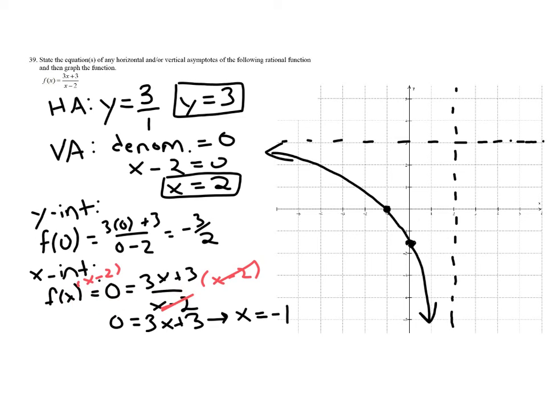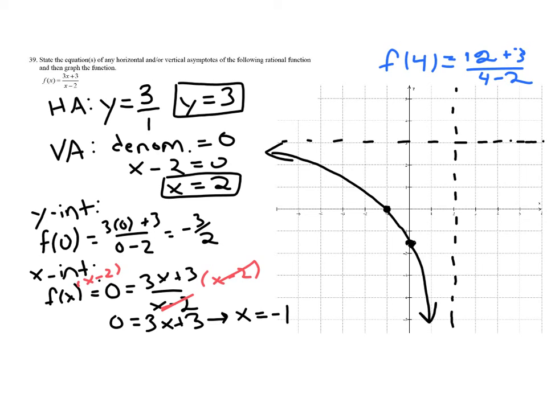But just to be sure, you can always plug in an x value beyond that vertical asymptote at x equals 2, something like x equals 3 or x equals 4. I'll go ahead and evaluate f of 4 to determine where that y value lies. So if x is 4, I have 3 times 4, so 12 plus 3 in the numerator, and then 4 minus 2 in the denominator.